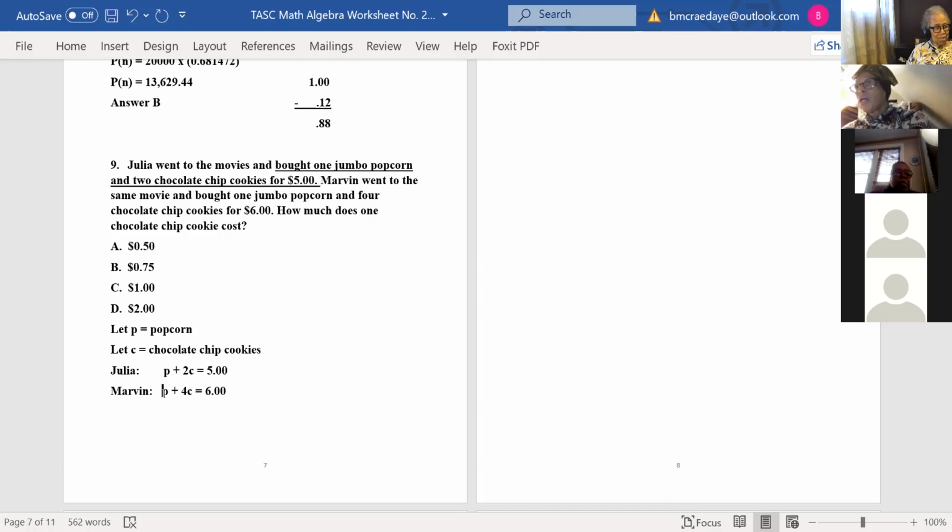So if we divide 2C by 2, you get 1C each. I'm talking about Julia. So it'll be $1 for 1 of the chocolate chips. Likewise for Marvin. But how did you solve the equation? Maybe I'm saying it wrong.